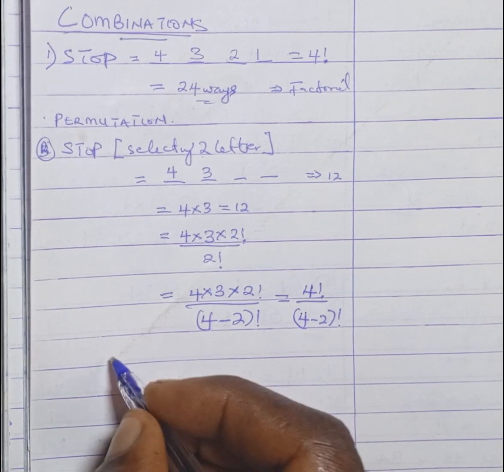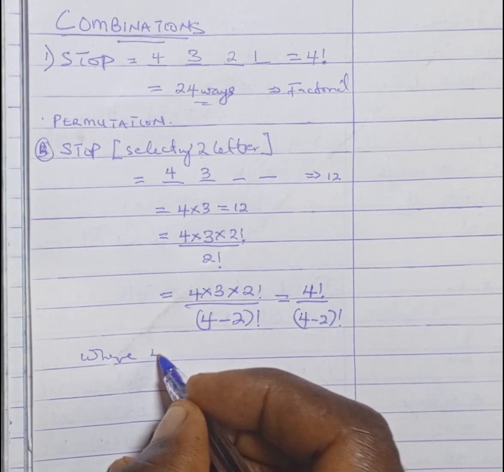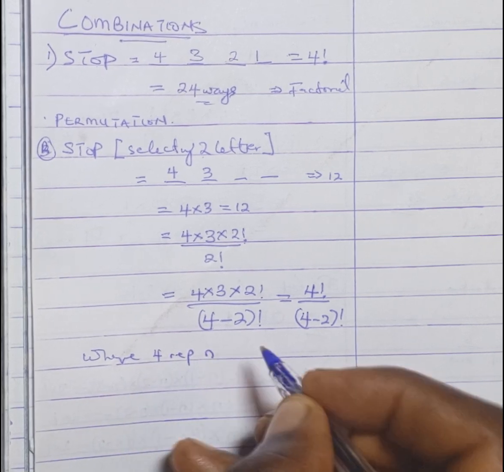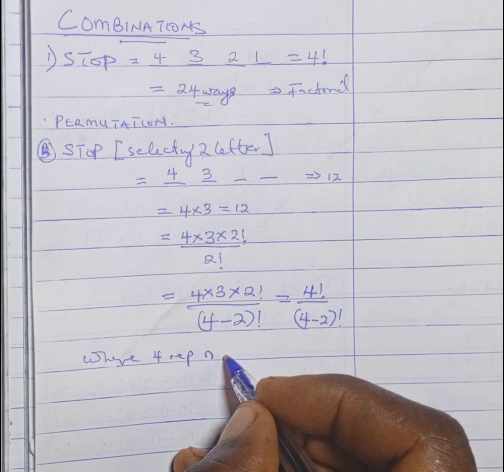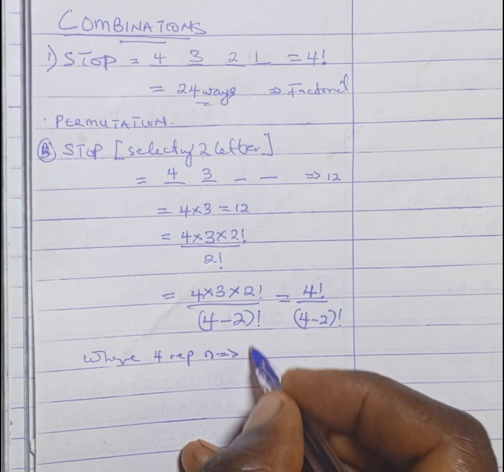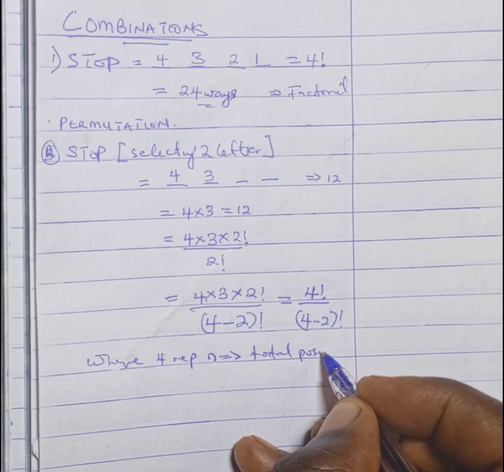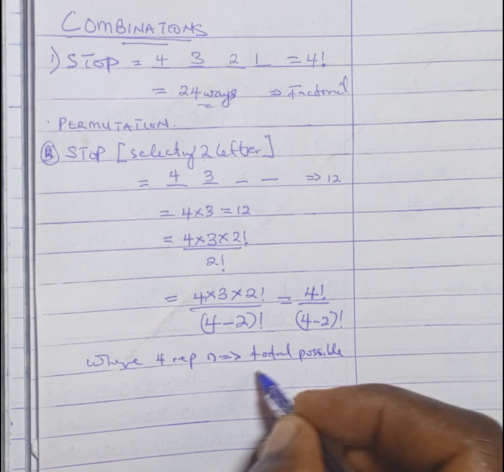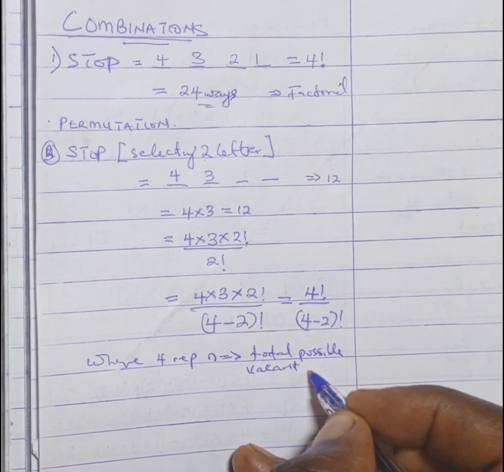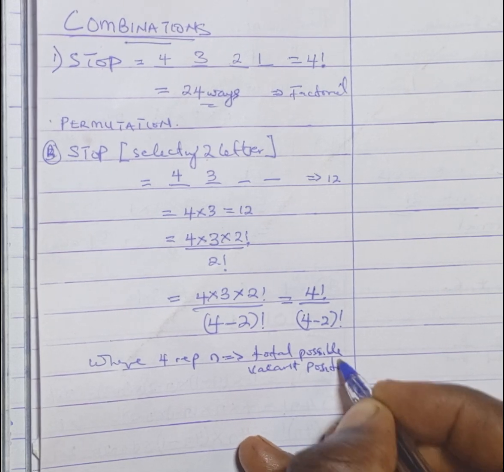So now where 4 can be considered, 4 can represent n, which is the total possible vacant positions.